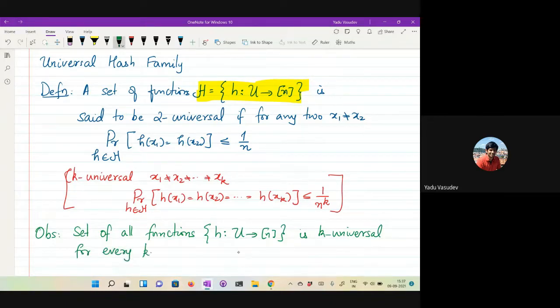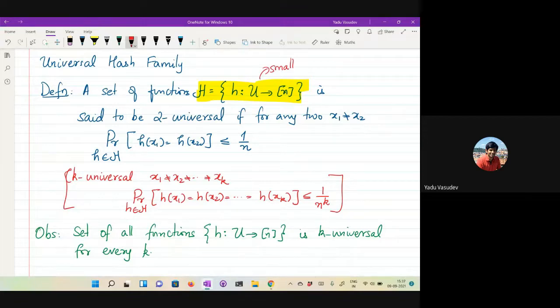Right, because it is independent. I mean, if it is purely random, then it is k universal for every k. So what we want is a construction of universal families, say 2 universal, 3 universal, and so on, such that the construction is easy, such that there is a small set. So you want the set of functions to be small and easily computable, right?